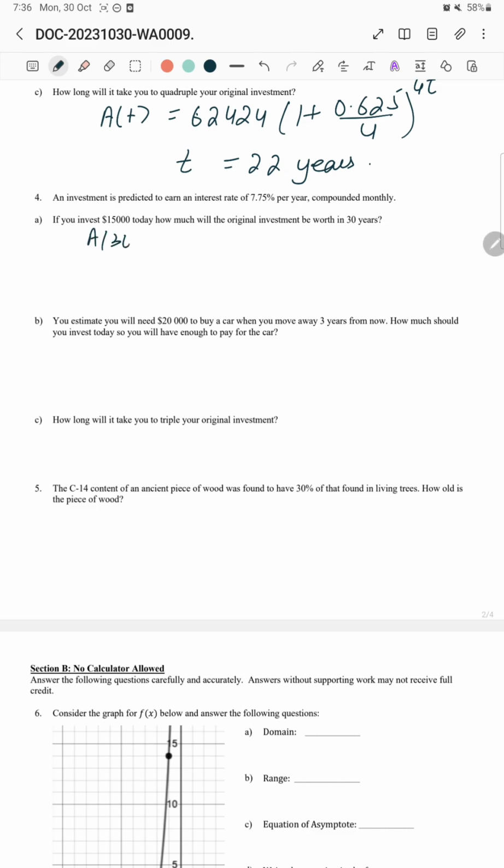So A of 30 is equal to 15,000 times (1 plus 0.0775 divided by 12, compounded monthly means 12, and for how many years? 12 multiplied by 30.